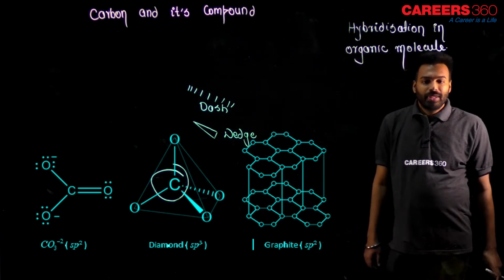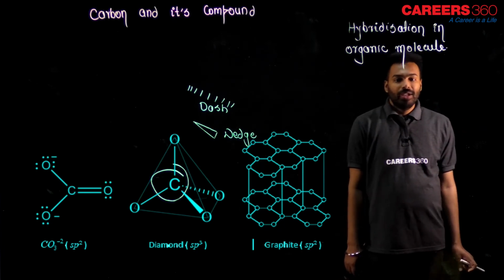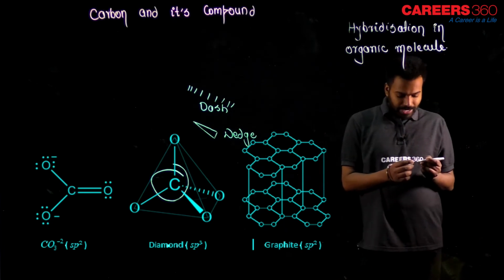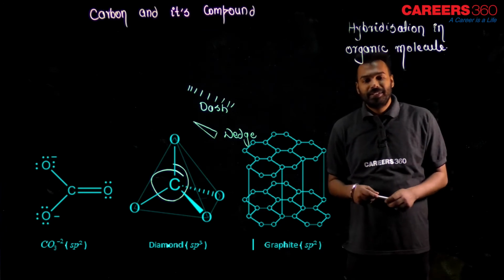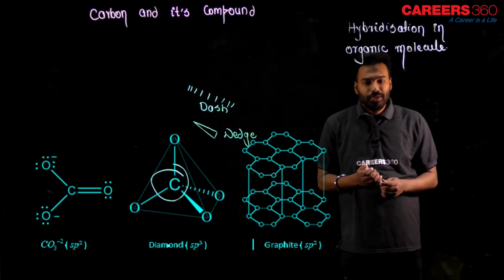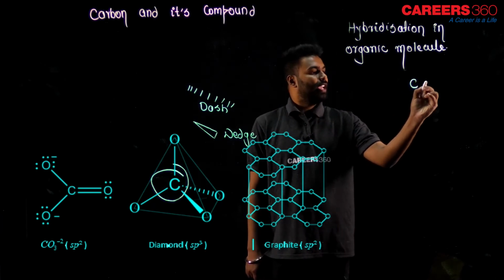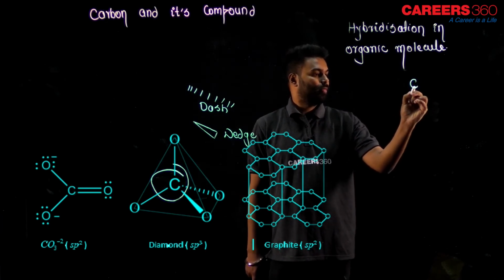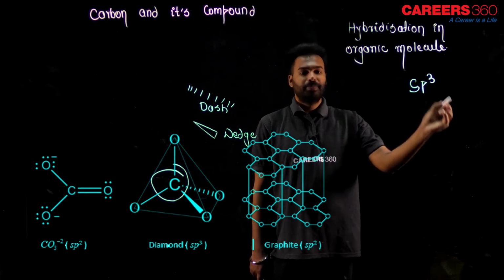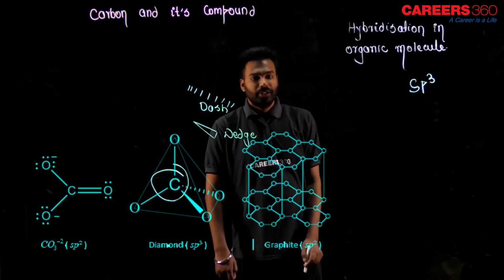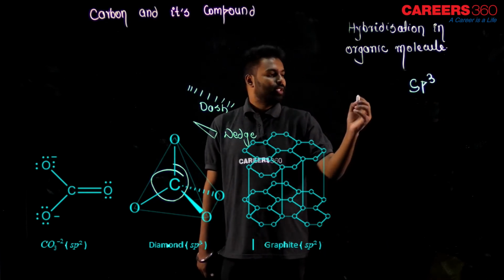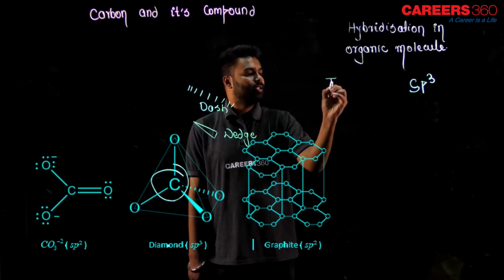In graphite, it is sp2 hybridized. Why? Because in graphite, planarity is maintained. Let me tell you one thing, if any carbon atom is sp3 hybridized, then the shape or structure is tetrahedral.